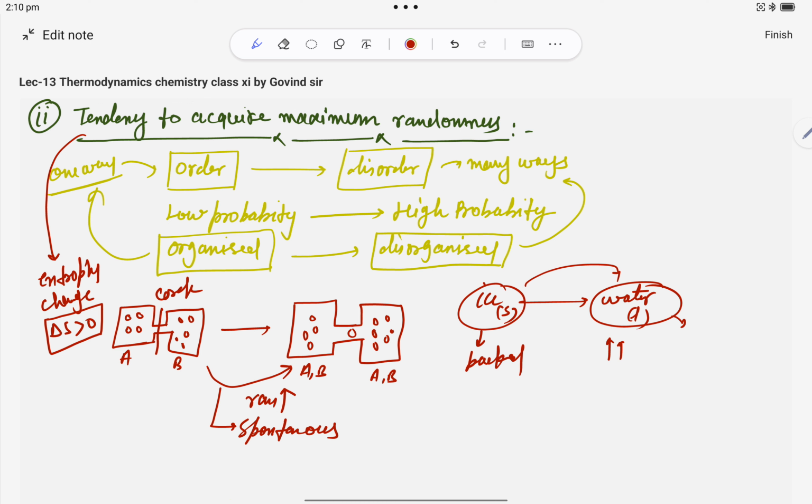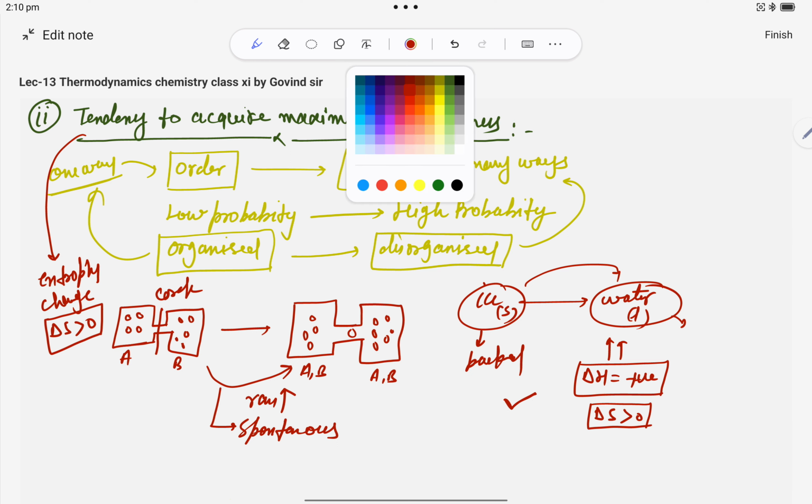Randomness increases. Although here delta H is positive, but delta S is greater than 0 because randomness increases. So this process is spontaneous. Okay, got it? But here also problem came, children.